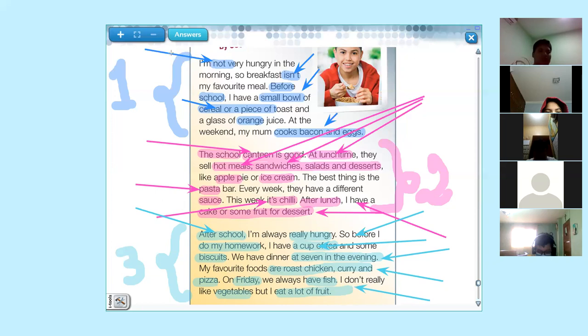Remember, you are going to talk about yourself and you are going to write 3 paragraphs. In paragraph number 1, about the breakfast in the morning. In paragraph number 2, about the school canteen, about the school bar, what do you usually do?